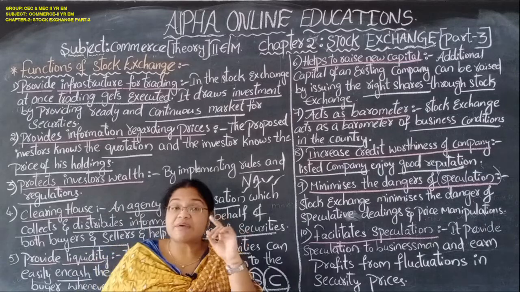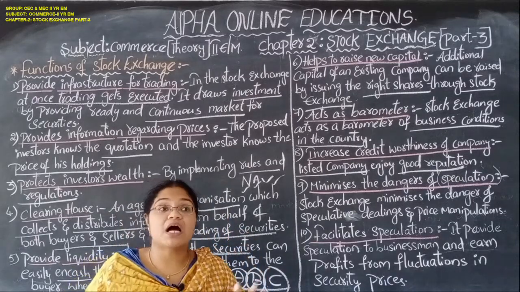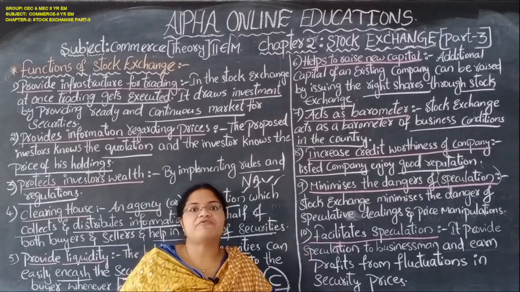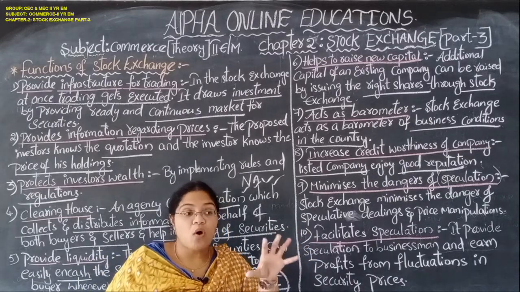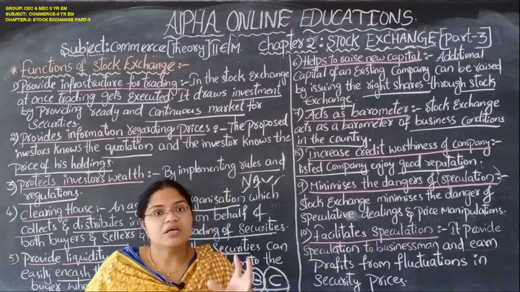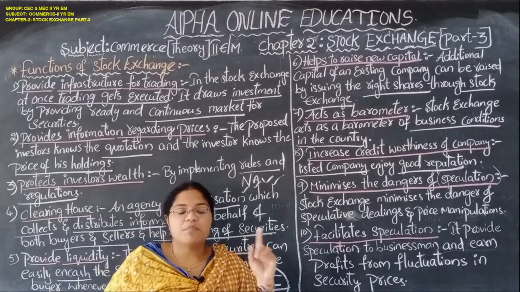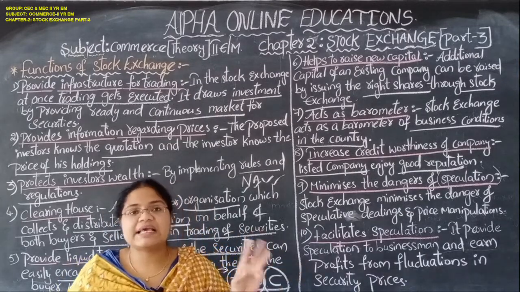That's why SEBI, the Securities and Exchange Board of India, will see each and every function of the companies, what is going on, in which stock exchange what is going on. In India, we have three famous stock exchanges: BSE, NSE and CSE.